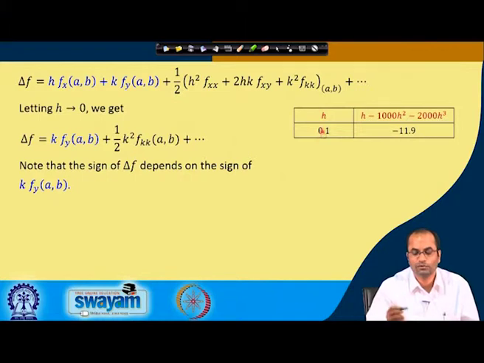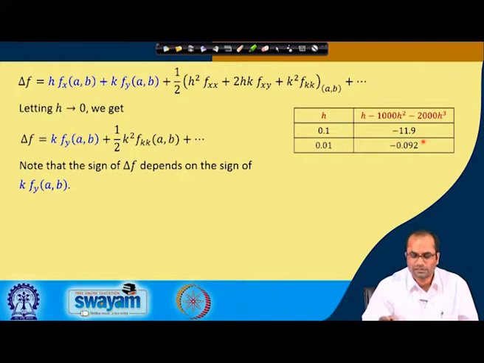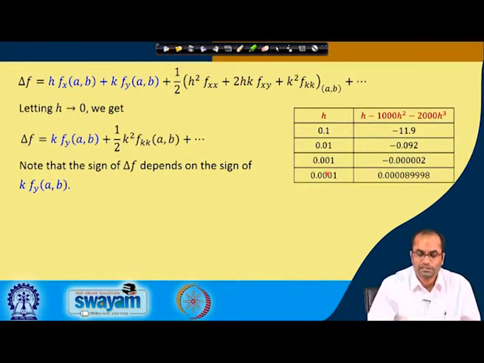For example, if we take h equal to 0.1, this is too large a value, and we get a negative number, because the other terms dominate for this h. If we go much closer to 0, it is still negative, because these are the large terms. But when we take the point 0.0001, since h is positive, the value of the expression is also positive.